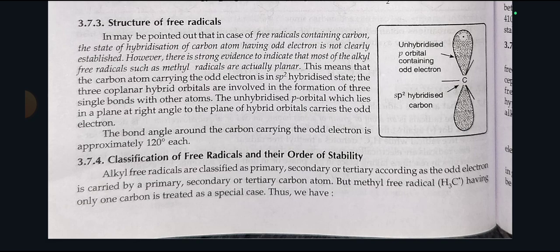3.7.4 Classification of free radicals and their order of stability. Alkyl free radicals are classified as primary, secondary, or tertiary according as the odd electron is carried by a primary, secondary, or tertiary carbon atom. But methyl free radical, CH3•, having only one carbon, is treated as a special case.